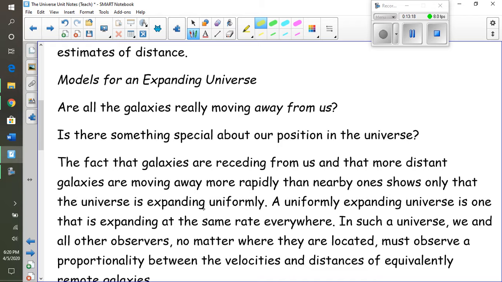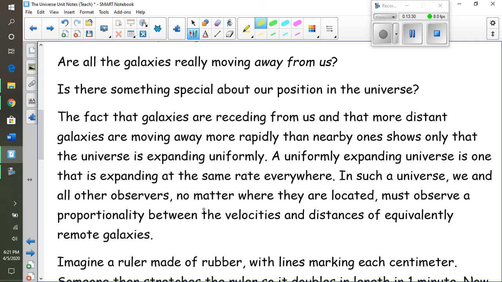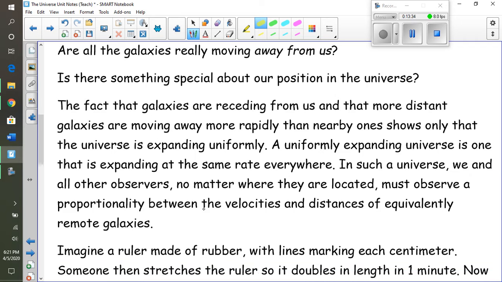And a uniformly expanding universe is one that is expanding at the same rate everywhere. So in that kind of universe, we and all other observers, no matter where we are located, must observe a proportionality between the velocities and distances of equally remote galaxies.